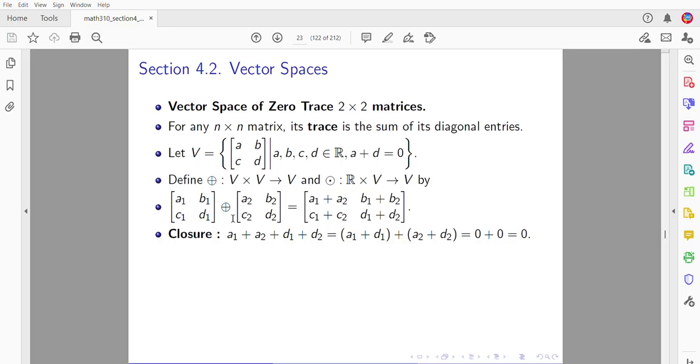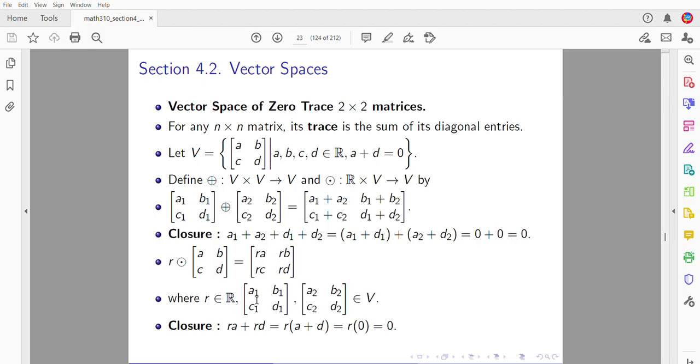What about scalar multiplication? R O dot A, B, C, D is RA, RB, RC, RD. So again, coordinate wise. Now, can I get this to be 0? You see, A, B, C, D comes from the vector space. Why should the result land in the vector space?